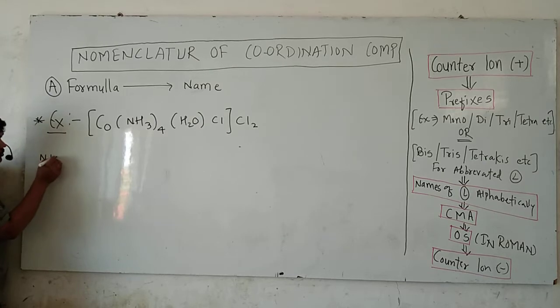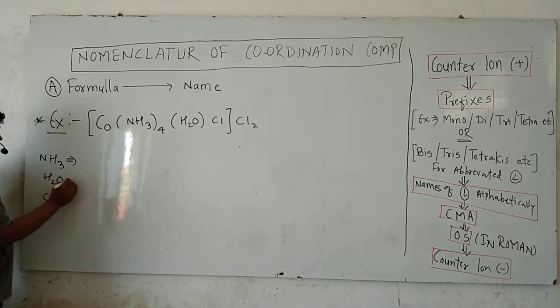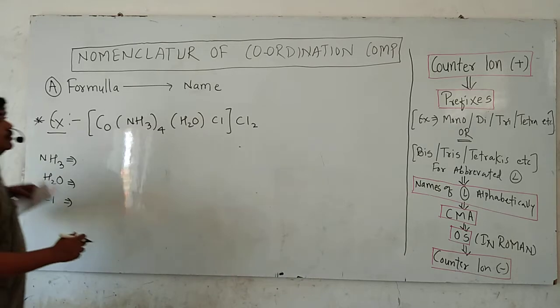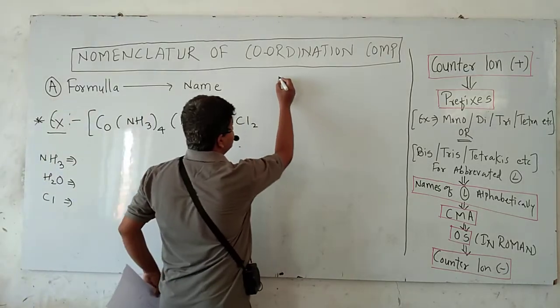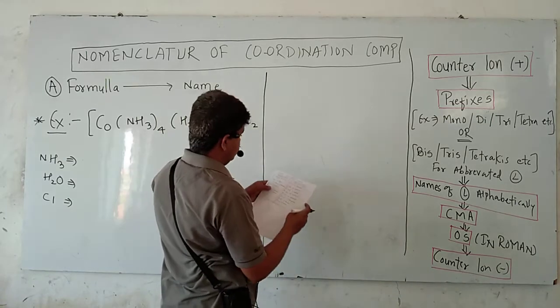Which are the ligands? NH3, H2O, and Cl. Okay. Now, what is NH3? Some ligands and their names I will write this side, so you will be able to solve this type of question.